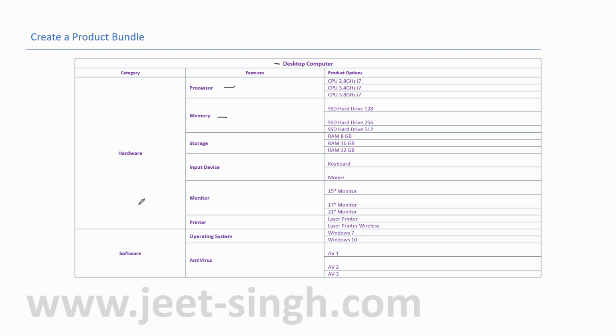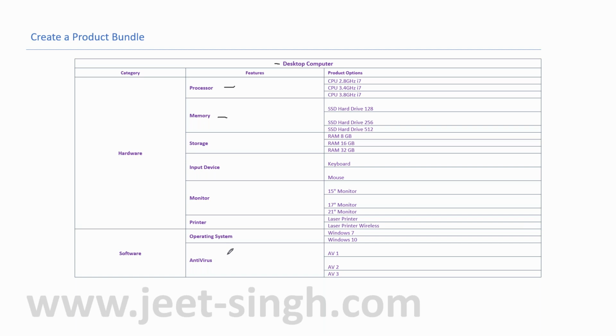Okay, but just from the understanding perspective, for how the different components of the bundle are structured, let's understand this. So under hardware, I have got processor, memory, storage, input device, monitor, printer. So let's say these are the different features. Again, in processor, I have got this option, and then under memory, I have got the options, and then I have got options under storage, input device, monitor, printer.